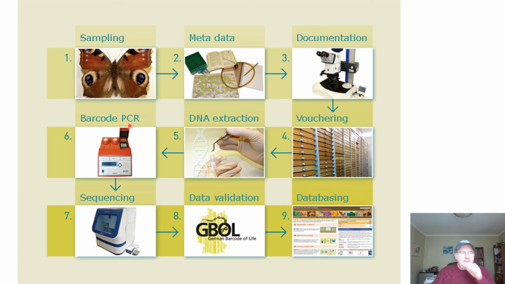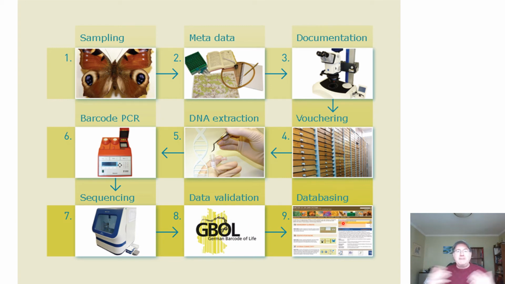So I'm sorry, we didn't get to sequencing yet. That's the PCR to amplify the DNA. Now we're down to sequencing here, and then we upload it. Make sure that what we have is insect DNA and not bacterial DNA or human DNA or anything along there, by comparison with known sequences to make sure we get close, and then it's databased and available.